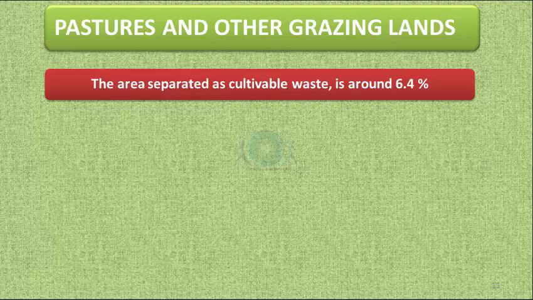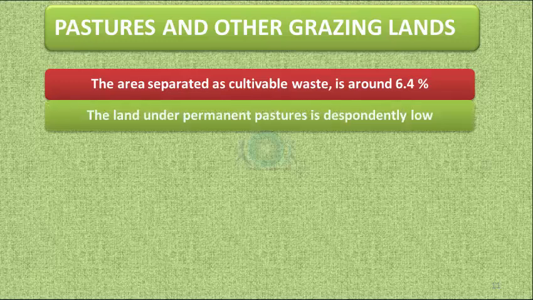Pastures and other grazing lands. The area that is separated as cultivable waste has remained stationary, at around 6.4%, and that has been there for several decades now. The land under permanent pasture is despondently low, and it suggests a remarkable population pressure on the land.